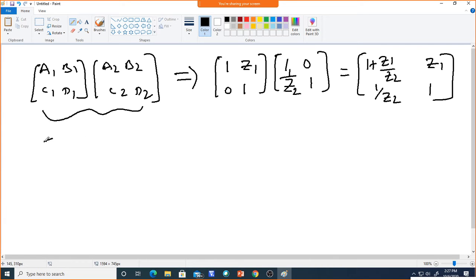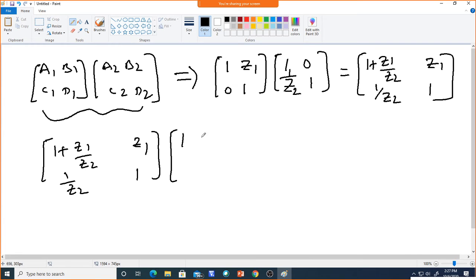So now multiply this one, 1 plus Z1 by Z2, Z1, 1 over Z2, 1, with the third one, that is 1, Z3, 0, 1. Multiply this one. So this into 1, it will be this one only, and then Z1 into 0, it is 0. That will give 1 plus Z1 by Z2 itself.